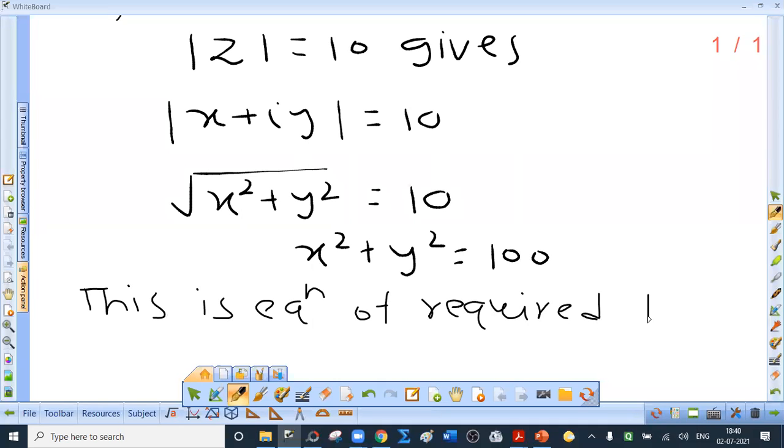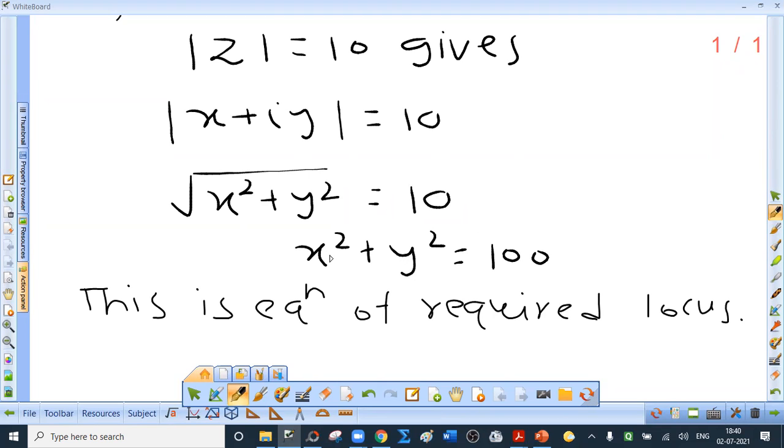I'll again explain the meaning of locus. Don't worry. See, locus is a set of points. Now, when I say set, it means there must be some rule by which elements are written. What is that rule? How will you explain this in words?